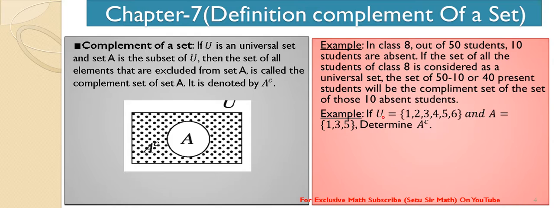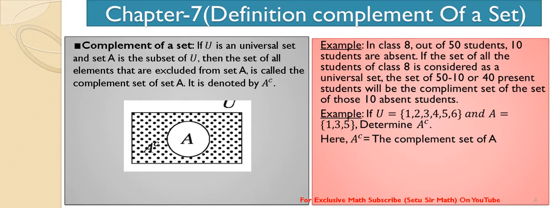That means here, U equals 1, 2, 3, 4, 5, 6 and A equals 1, 3, 5. So which elements are excluded from 1, 3, 5? 2, 4 and 6.